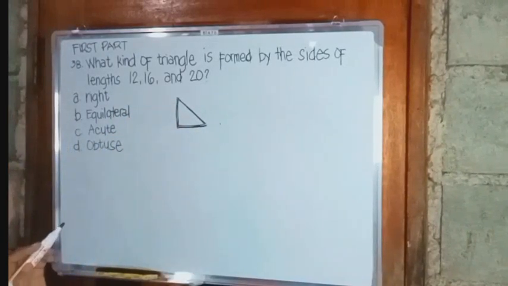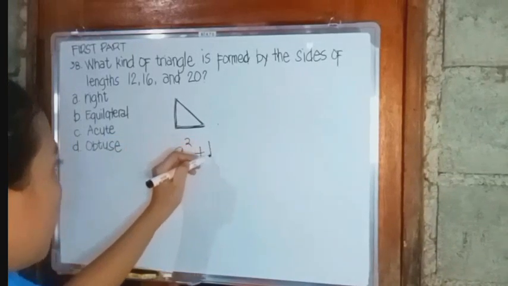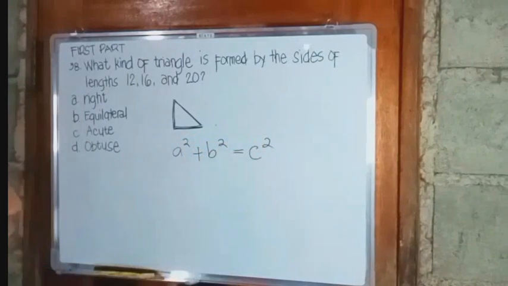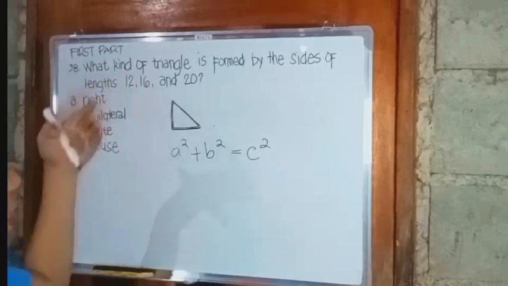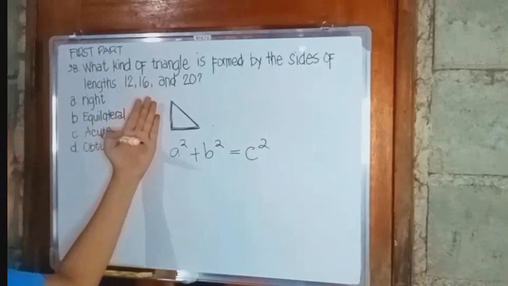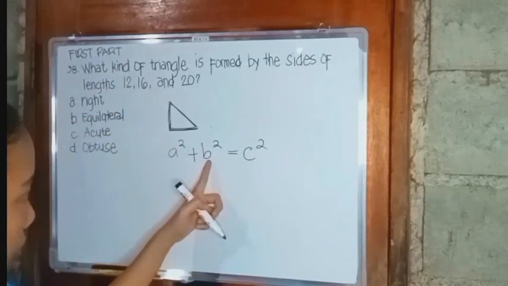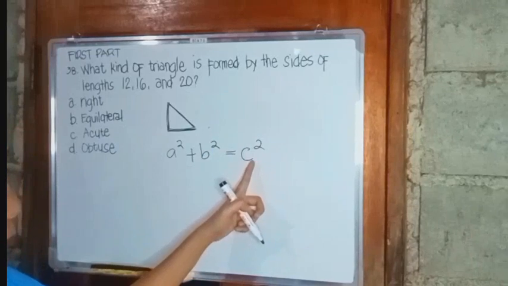So by the Pythagorean theorem, a squared plus b squared is equal to c squared. So we can prove that these sides can create a right triangle if the square of A and the square of B is equal to the square of C, or the hypotenuse.